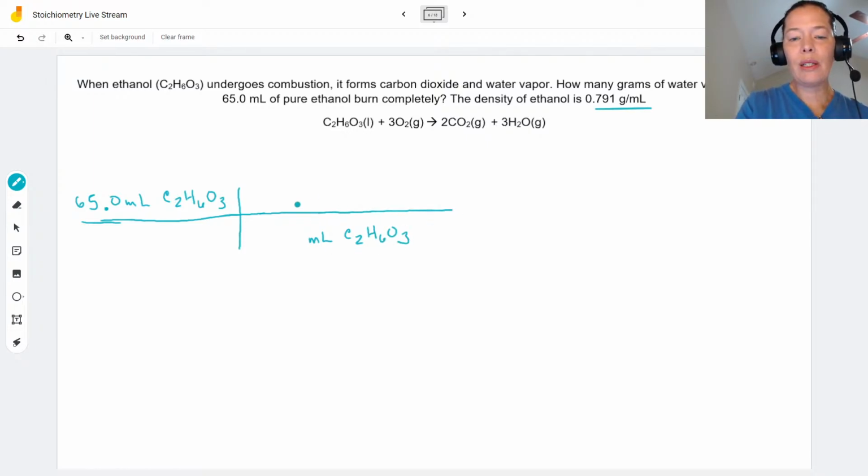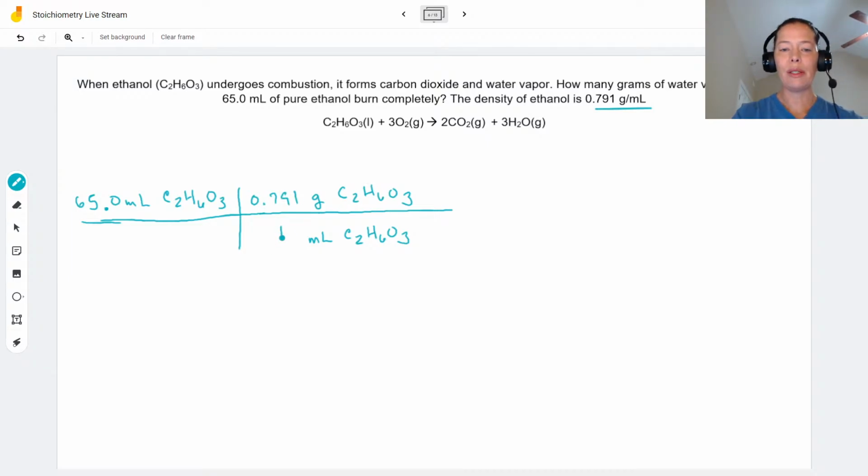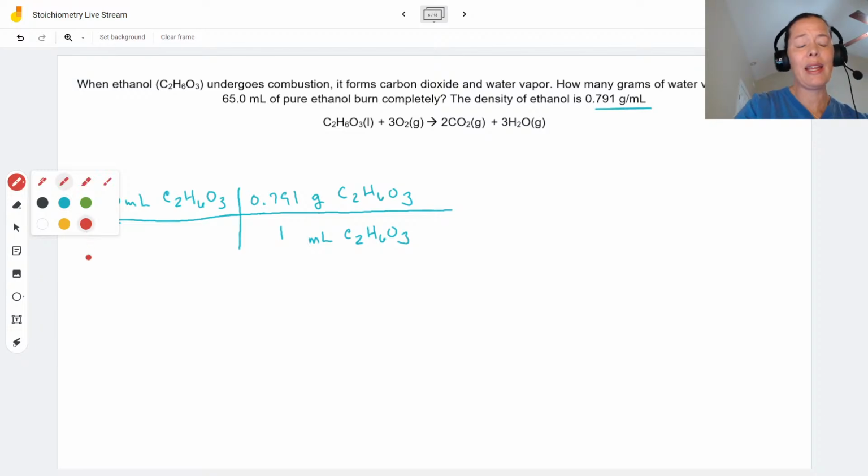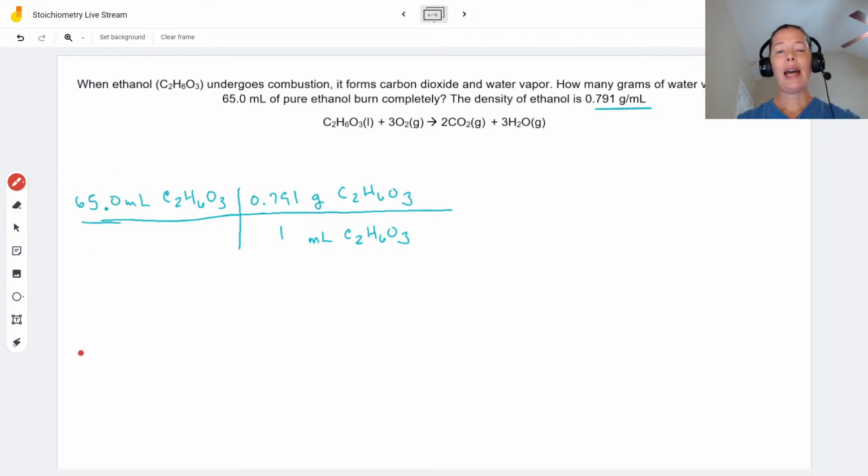And of course, if milliliters are in the denominator, that means grams are in the numerator. And now I do my numbers. So it is 0.791 grams per 1 milliliter. This way I can make sure that I am multiplying, and you don't want to actually switch that and be dividing. So my milliliters of ethanol cancel.